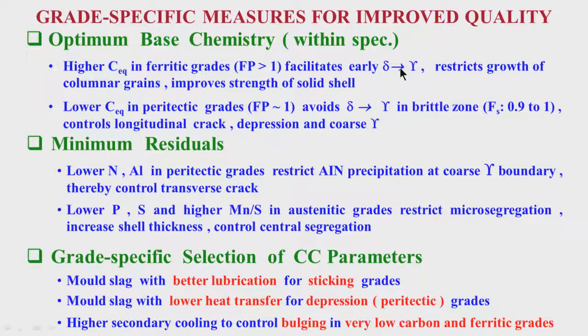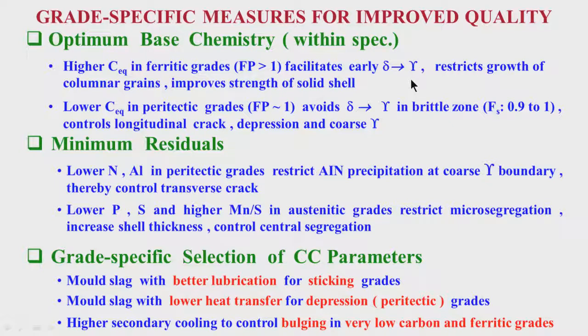Here delta to gamma is taking place in the solid area, in the delta area only, and at quite high temperature. If it does not take place at high temperature, then what happens? Delta grains will continue to grow. So you have coarse columnar grains, and if the superheat is also high, the columnar grains will be quite coarse, extending from the surface towards the center of the cast product.